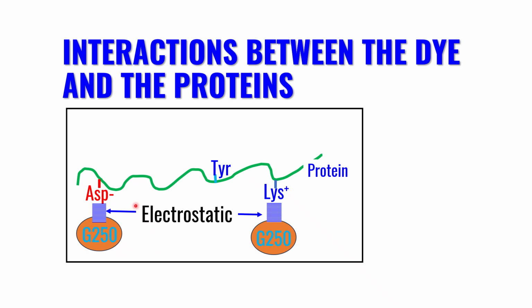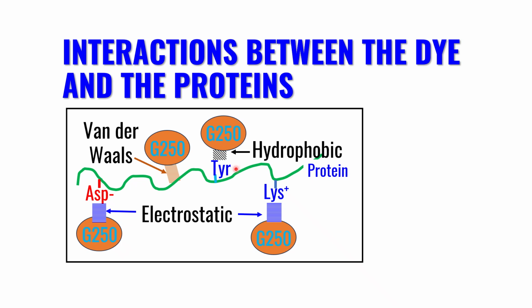The dye can also interact through van der Waals forces with the backbone of the protein molecule, and with hydrophobic amino acids such as tyrosine and tryptophan through hydrophobic interactions. So these three types of interactions are responsible for the conversion of the cationic form into the stable anionic form, which gives blue color.